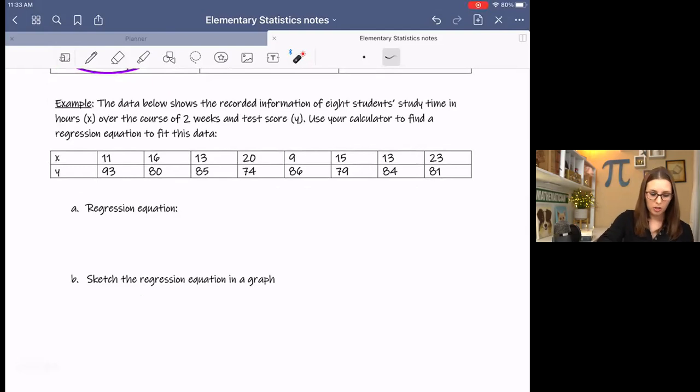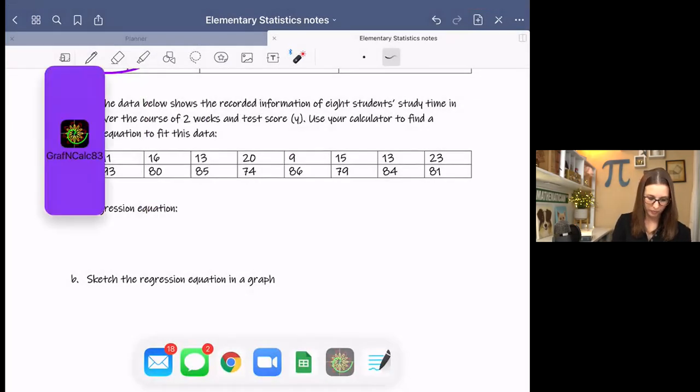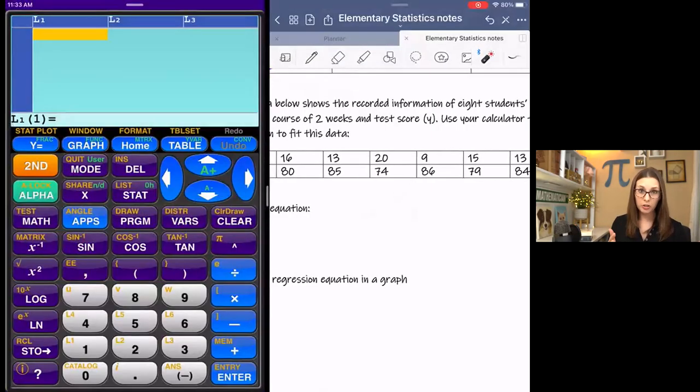Let's look at the scatter plot of this data. So go to your calculator. And we already turned the diagnostics on. So now let's input the data into L1 and L2. Let's let L1 be X and L2 be Y. So go ahead and do that.